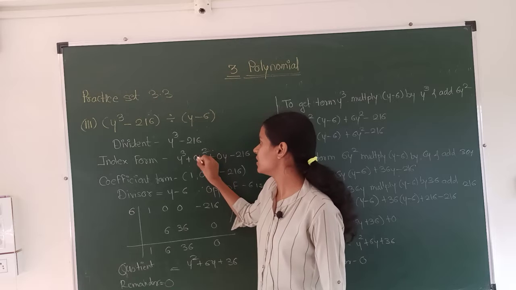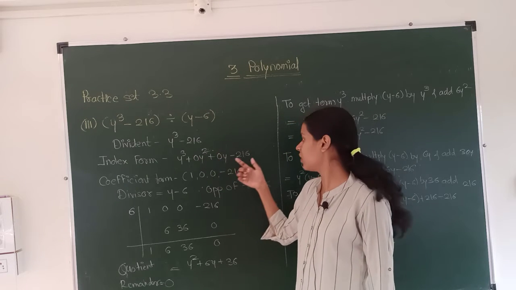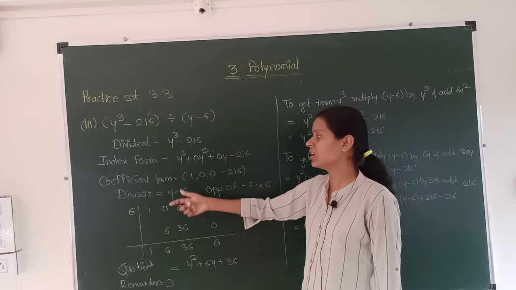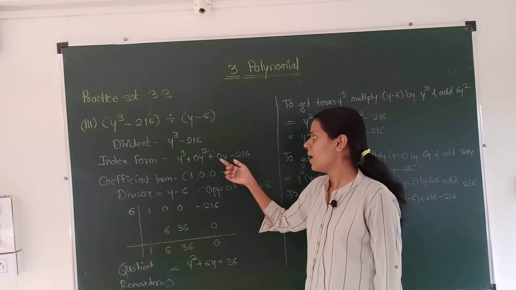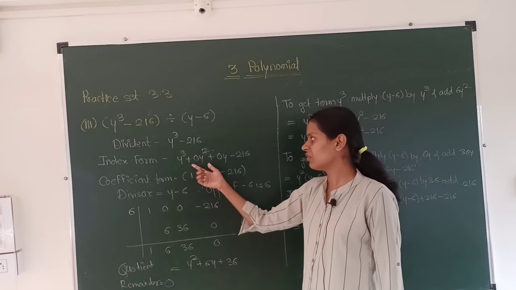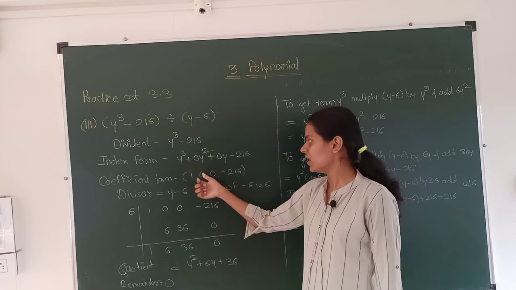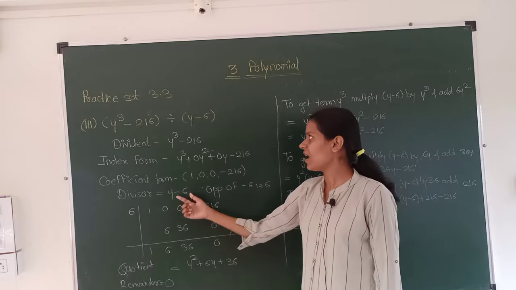So here we will write 0y^2, then 0y where the power is 1, and 216 where the power is 0. So the index form for the dividend is y^3 + 0y^2 + 0y - 216. The coefficient form for this index form is 1, 0, 0, minus 216.